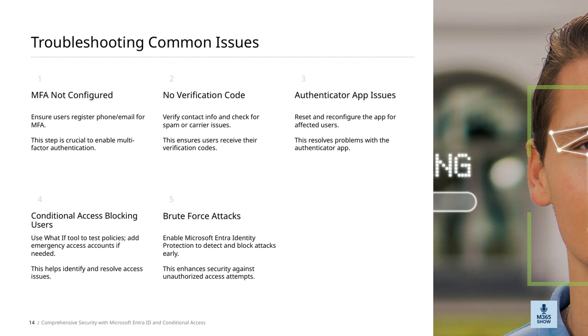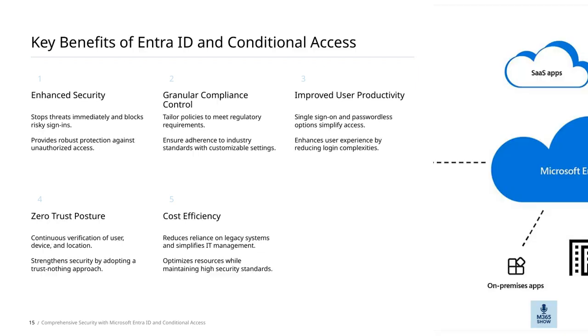Without this registration, multi-factor authentication can't function properly, so ensuring this setup is complete is key. By staying vigilant about these common issues and knowing how to troubleshoot them, we can maintain a secure and seamless environment for our users. Now, let's look at the key benefits of Entra ID and conditional access.